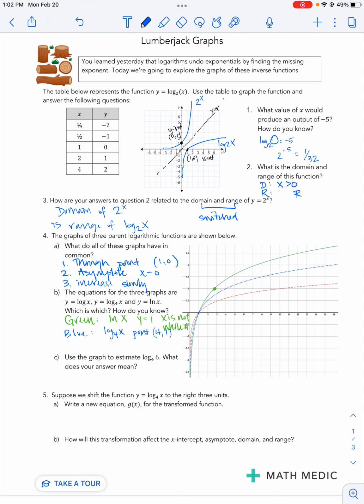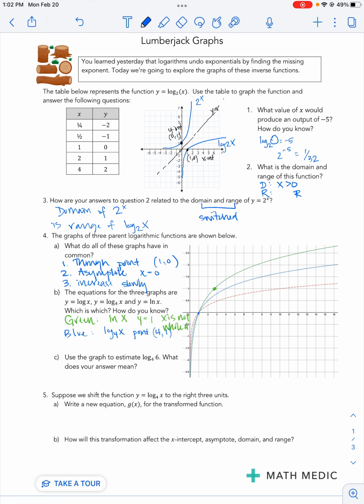Because of the point (10, 1). The whole idea behind this is that I'm looking at log base b of b equals 1. In other words, what would I raise b to get b? So what would I raise 4 to get 4? Well, I would raise it to 1. What would I raise 10 to get 10? I would raise it to 1.